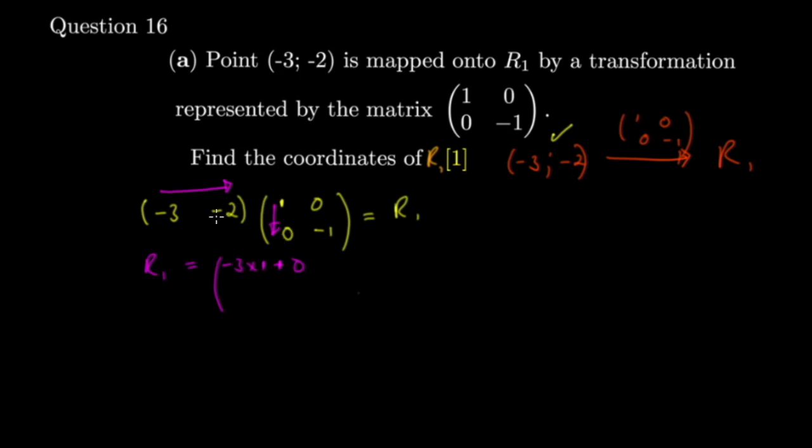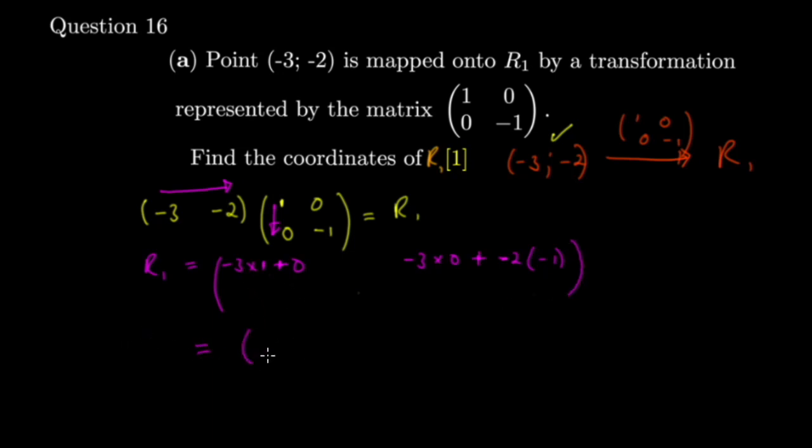This one will yield 0 because it's negative 2 multiplied by 0. So you get 0 here. And you go on to row again. So negative 3 multiplied by 0 plus negative 2 multiplied by negative 1, like this. So this is the matrix that we get.